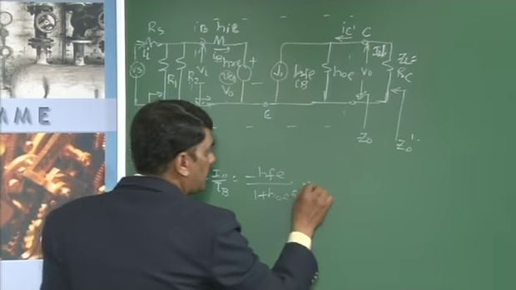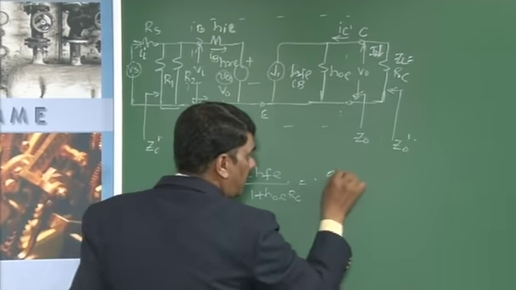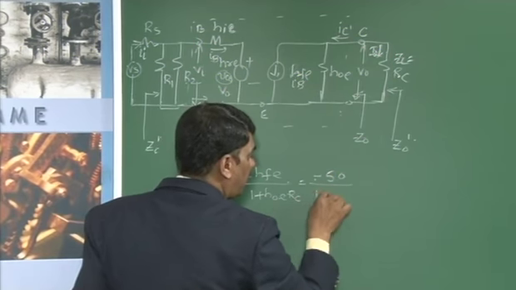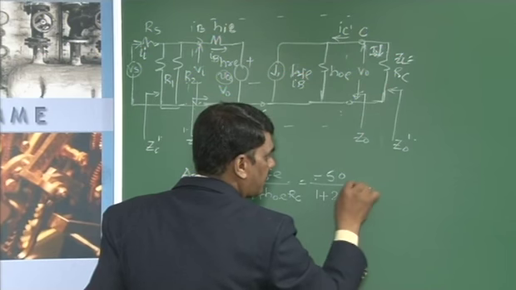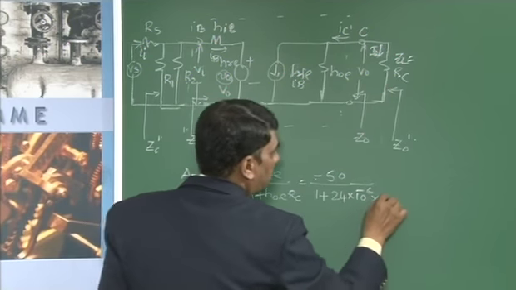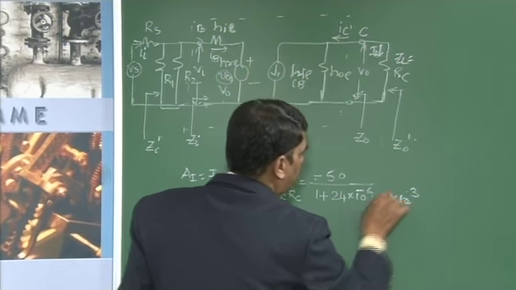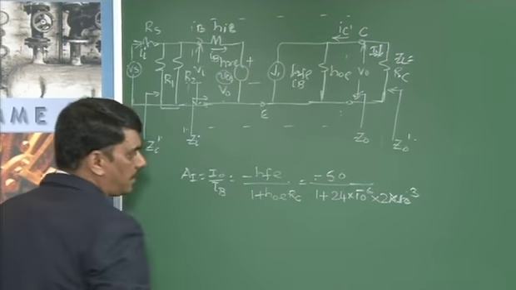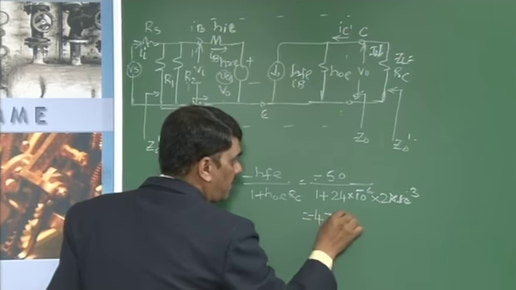Substituting the values, HFE is 50, so minus 50 divided by 1 plus HOE, which is 24 into 10 to the power of minus 6, into RC, given as 2 kilo ohm, 2 into 10 to the power of 3. Simplifying this equation, you get the gain of the amplifier equal to minus 47.7.